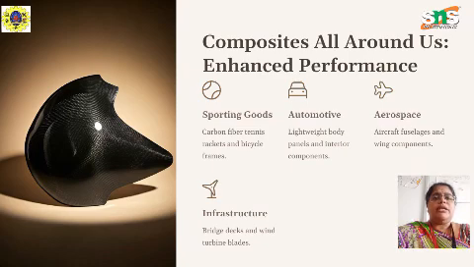When an alloy or a metal is used for an automotive part, it will be heavy, but when it is made of composite material, it will be more flexible and lightweight. In aerospace, there are aircraft fuselages and wing components, which should be lighter in weight and of good quality, so they are made of composite materials. Then in infrastructure, bridge decks and wind turbine blades are also made of composite materials due to their enhanced properties and light weight.